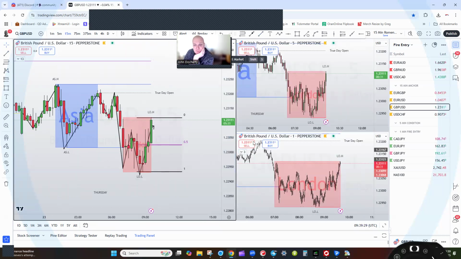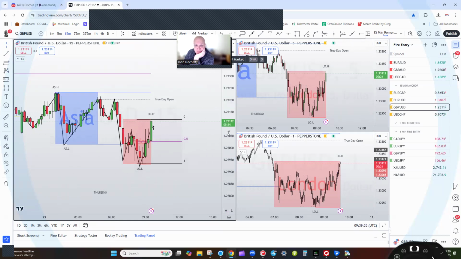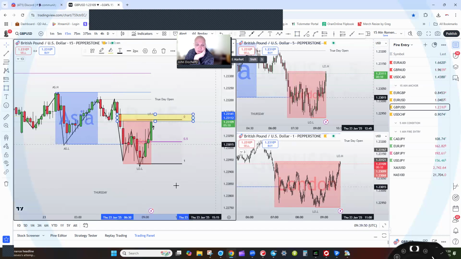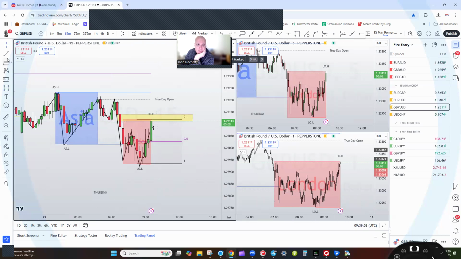Again, I'm factoring in price action and, well, not so much tick reading, but sort of the tape, that's the word, tape reading from following the price action. And as you can see in here as well, we do have fair value here. So it's tapping into a fair value.